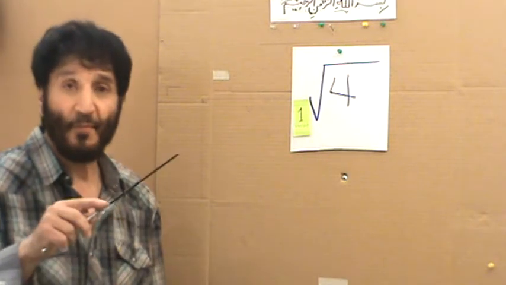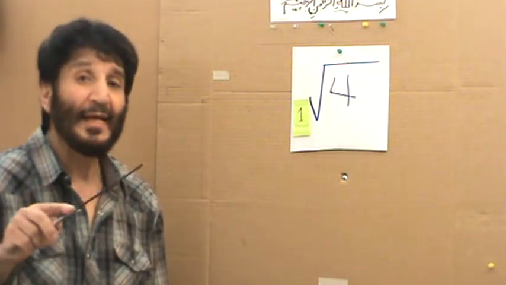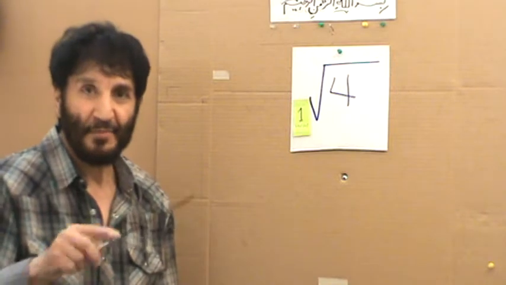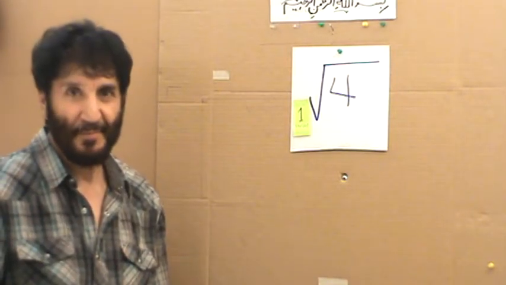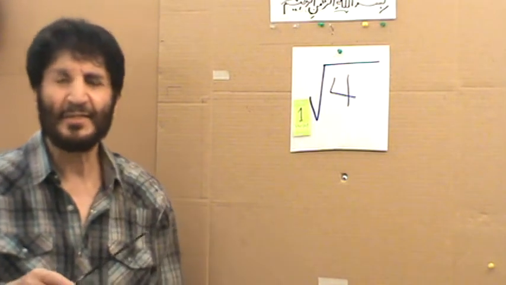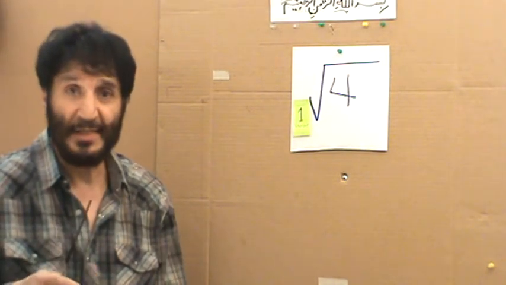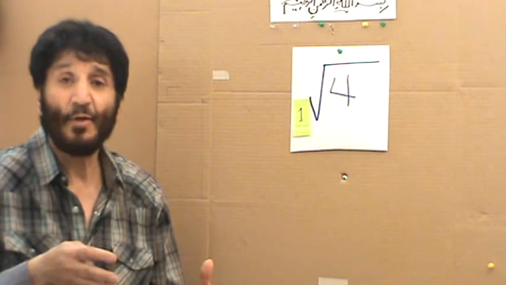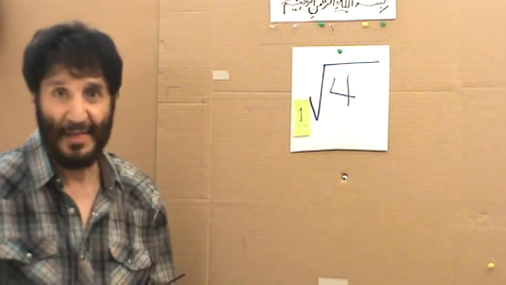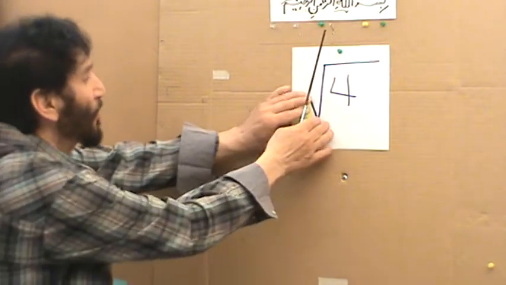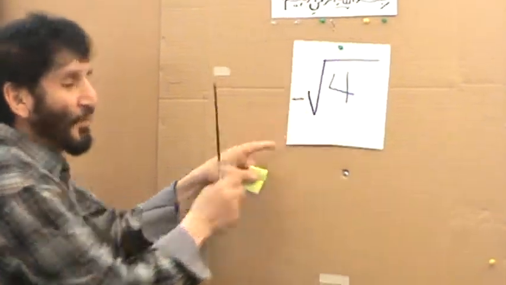By a square root of 4, we always mean the positive root, which is plus 2. Then you ask, hey, 4 does have two roots, plus and minus. What if I need the negative root? In that case, just put a negative in front of this.